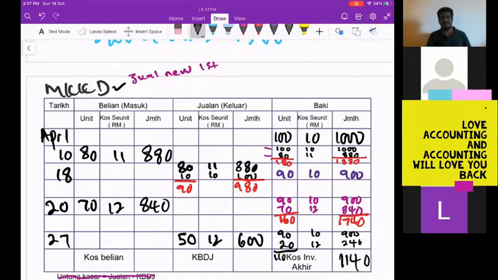So the total 980 plus 600, you get 1580. This one is 880 plus 840, we get 1720.